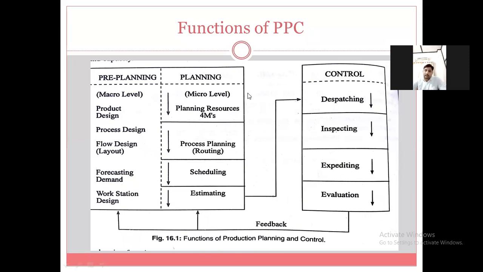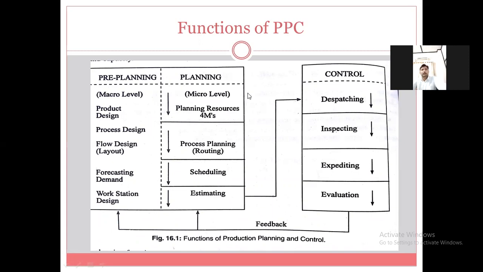And the last M is nothing but manpower. Okay, the last M in 4M is nothing but manpower. So here we have to plan the number of workers required, or the number of employees required. Second, you need to take decisions about the skill sets of a worker.